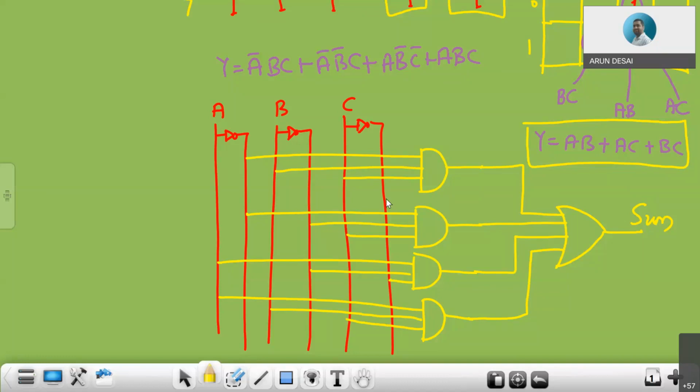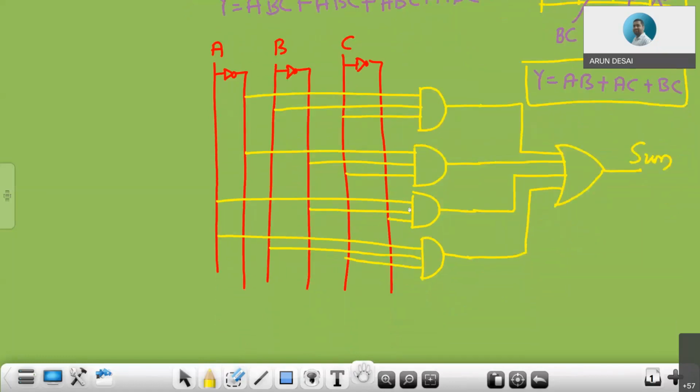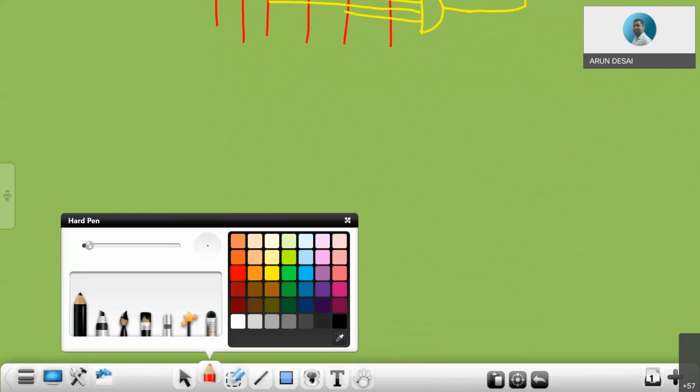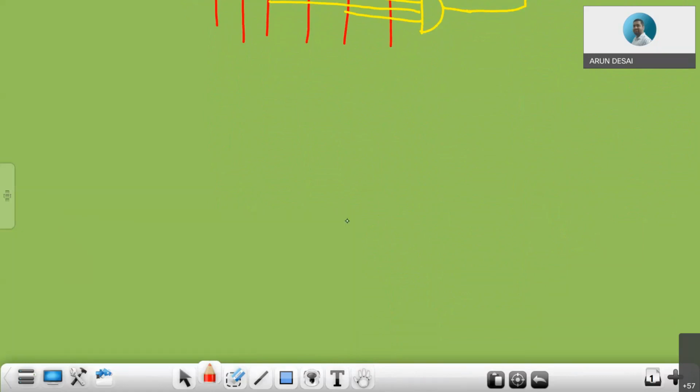Okay, so next is half subtractor. Half subtractor is the same as your half adder, except it does subtraction, right?